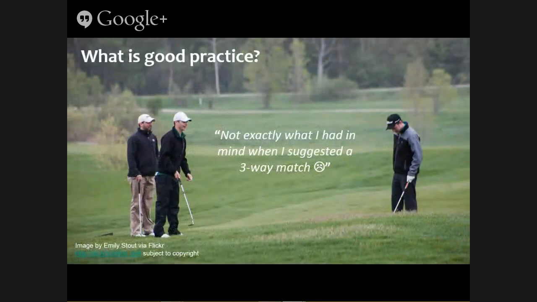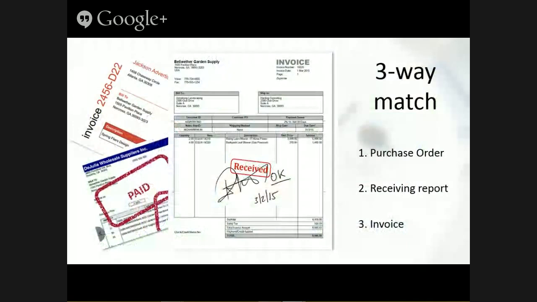The idea is that there are 3 important documents in your purchasing process: your purchase order, the receiving report, or the goods received note, as it might be called in some organizations, and the vendor invoice. And wherever possible, particularly if you're wanting to avoid possibilities of fraud, these 3 items should be managed by different people in the organization.